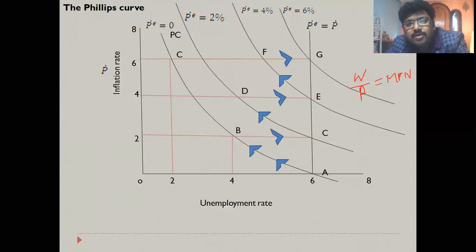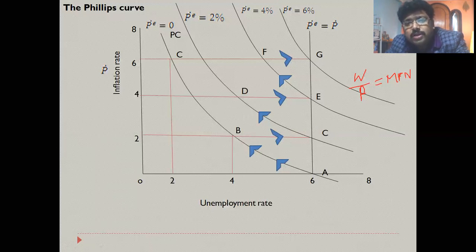So what is the difference? Now look at this. This represents a Phillips curve, the vertical line. This vertical line Phillips curve is the long run Phillips curve. And this Phillips curve represents that the expected inflation is equal to the actual inflation.